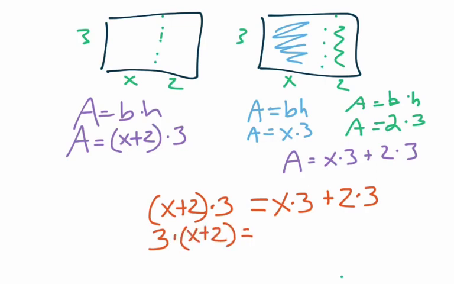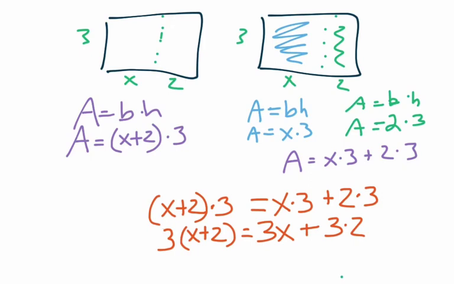Here, instead of x times 3, we would write 3x. And then to keep the order consistent, we would write 3 times 2. This multiplication sign is not needed because the implied operation there would be multiplication. And that is basically a justification of your distributive property.